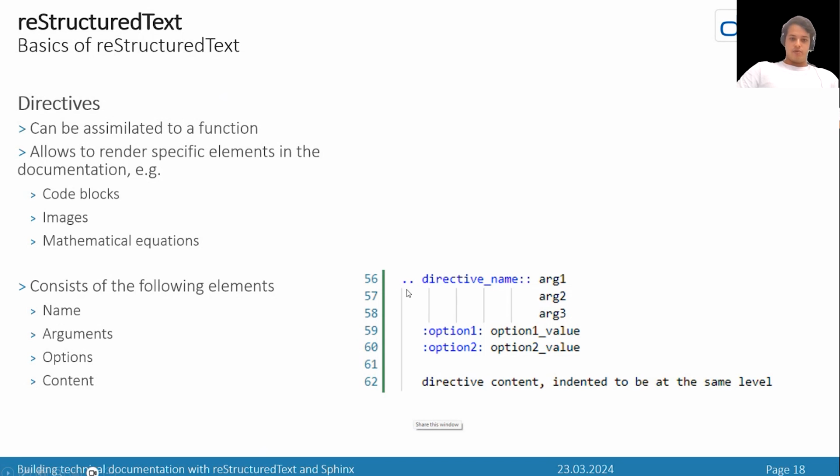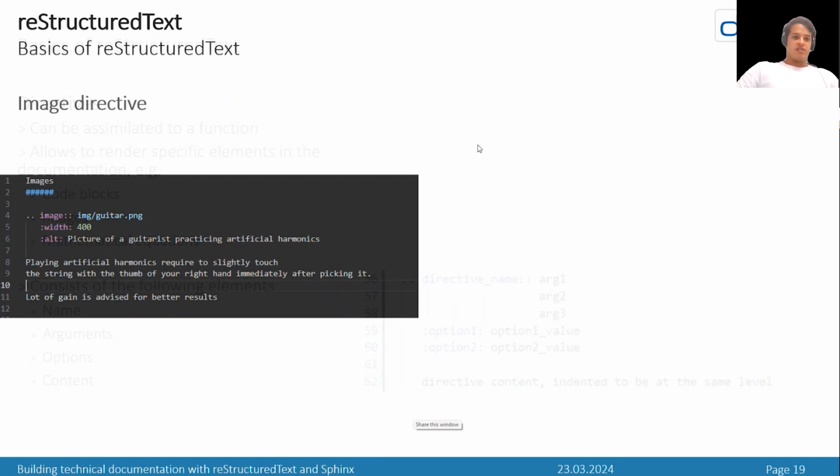A directive always starts with two dots at the beginning. Then we have the directive name, a list of arguments, and then the options and the corresponding values. We also have the content of the directive, which must be indented to be at the same level. I will show you examples of directives now.